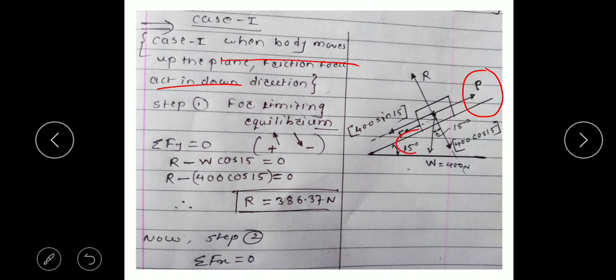F is another force going downward, so negative, and again the W component is there. W component means W sine theta or 400 into sine theta. This is also going downward, so this is also negative. How many forces are there? 1, 2 and 3 forces. So let's do the summation of all three.